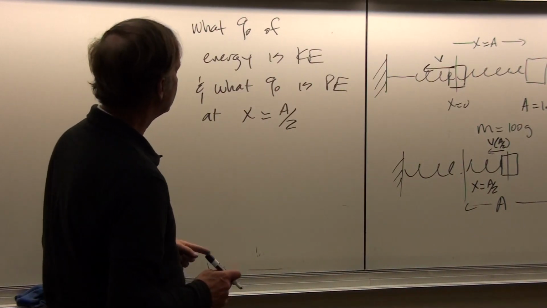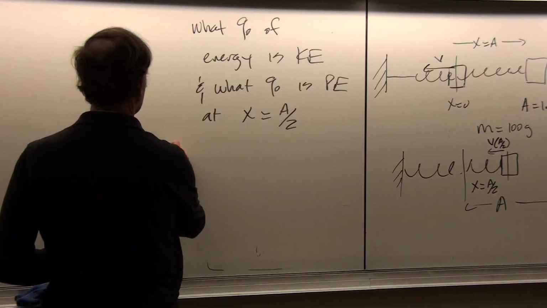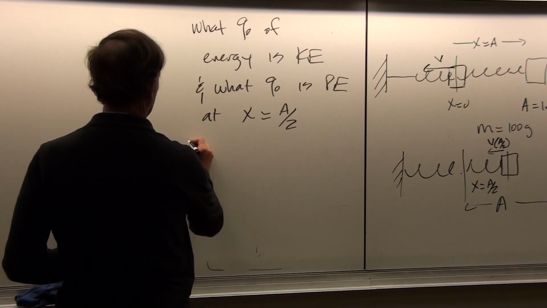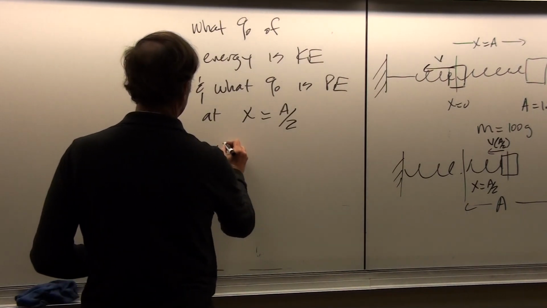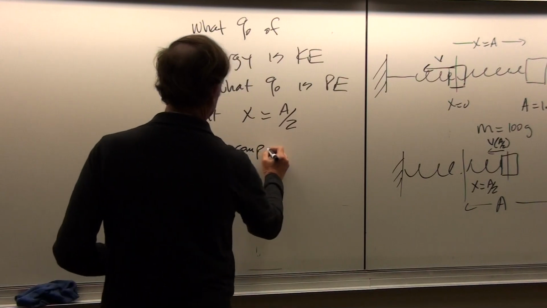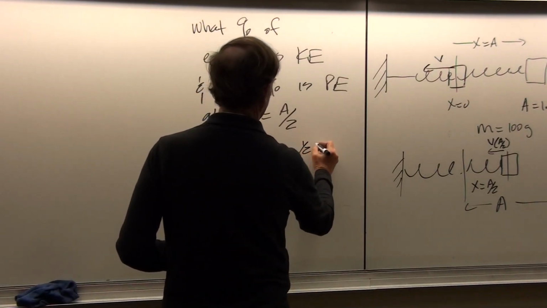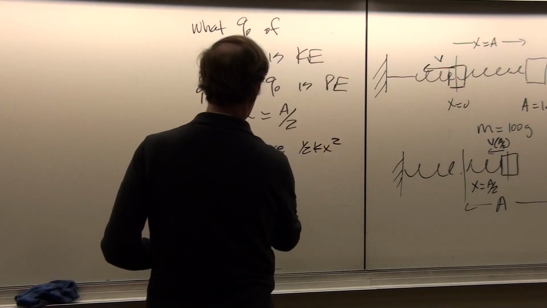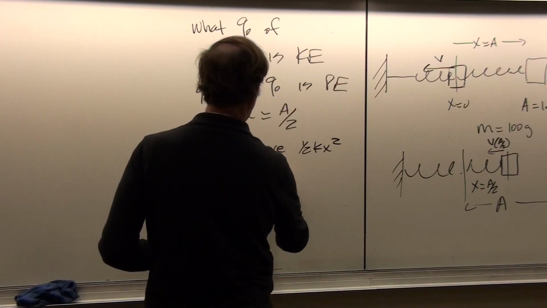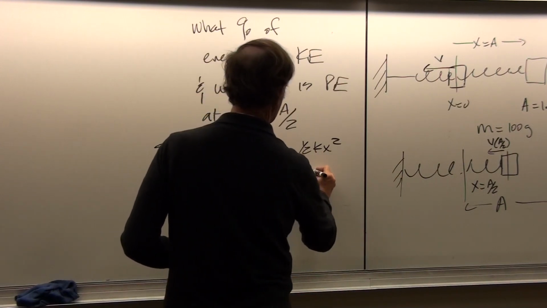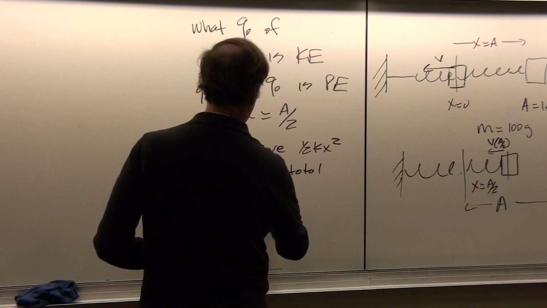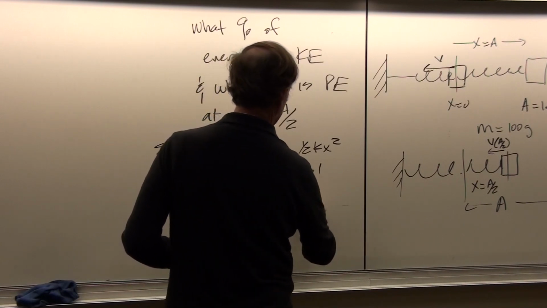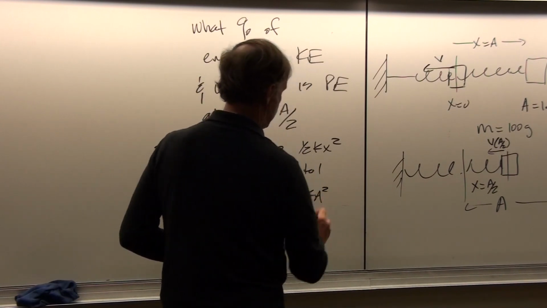So this is my strategy for this problem: compare 1/2 kx squared to the total energy, which can be written as 1/2 kA squared.